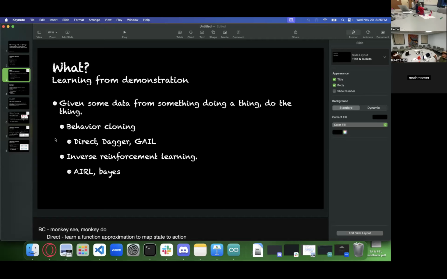One cool thing about this particular algorithm is you can do it somewhat effectively without simulations. So you can just do real to real. You don't have to deal with any sim stuff.